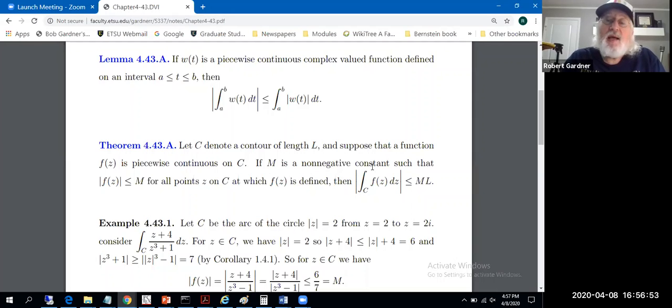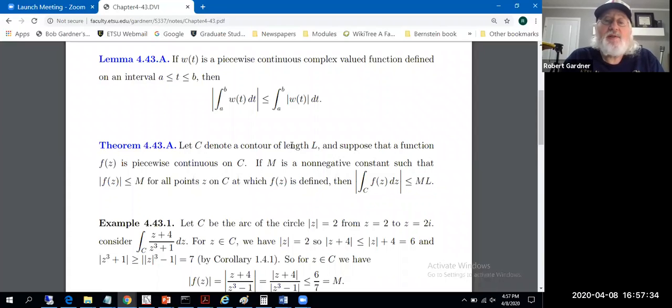If M is a non-negative constant such that the modulus of f of z is bounded above by this capital M, which is awfully similar to our initial conversation about real functions, then the modulus of the integral over C of f of z dz is less than or equal to M times L. That's virtually the same thing we had upstairs in the reals, except now instead of b minus a, we've got the length of contour C. Well, b minus a was the length of interval ab in the real setting.